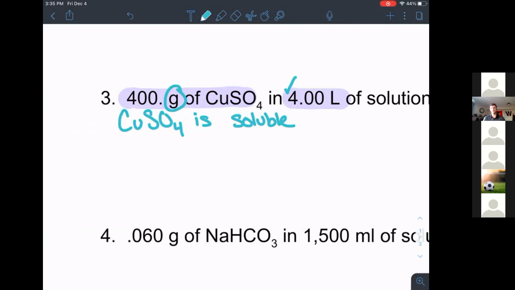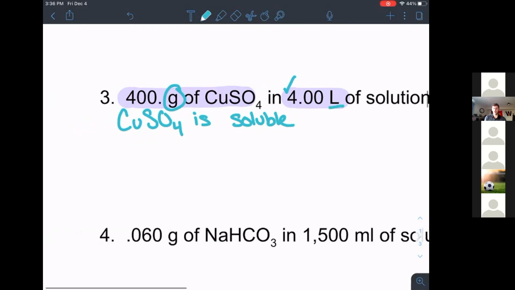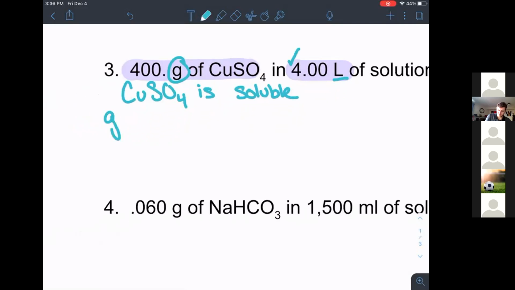It's possible. All right, well, how do we go from grams to moles? Check the molar mass of the compound.